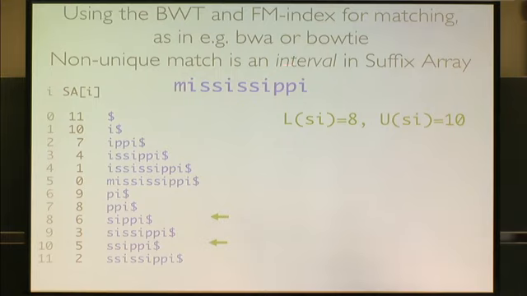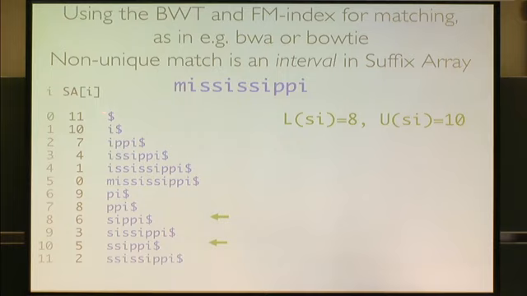So early on in the 80s, I guess, people came across the concept of a suffix array, which was to take this string and to take all the suffixes, all the things that start at some position in the string and go to the end, and they're all written here, and sort them. And we have the dollar, we put a dollar on the end as a sort of end symbol.